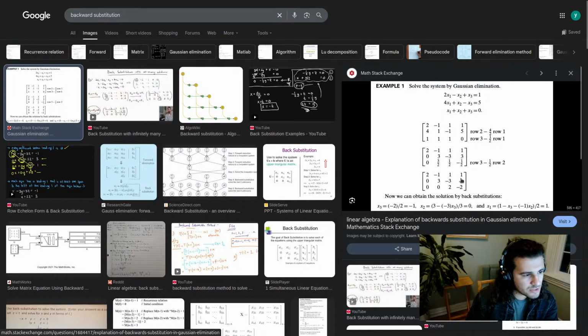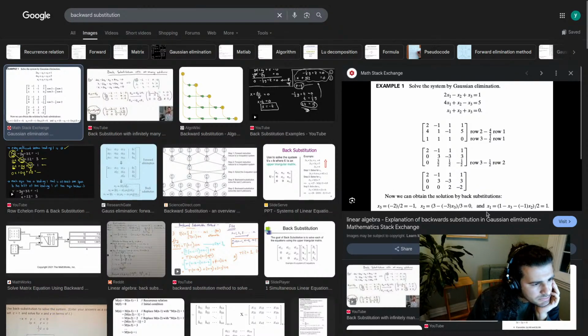They could have chosen a better one. Yeah, this is not good. Where do we have a 1 here? Okay, 1 minus x3 minus 1 and x2 divided by 2.